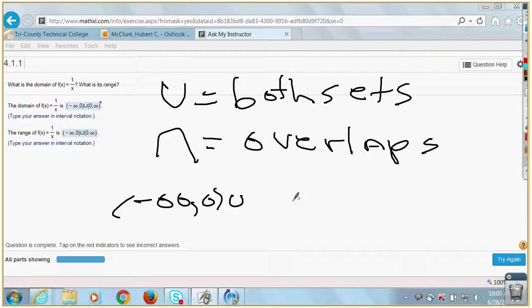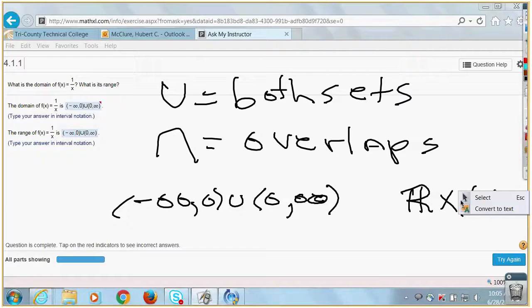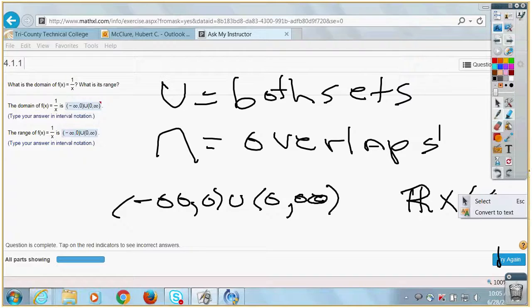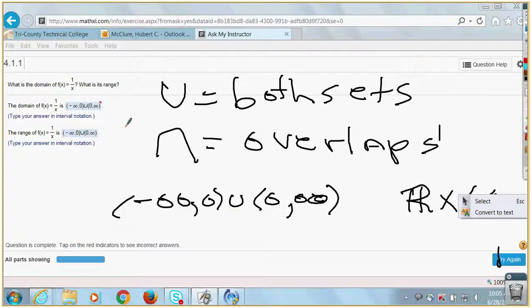And that is a union because they don't overlap, from 0 to infinity. And that's the same way that you can write all real numbers, x cannot equal 0. They mean the same thing. Okay? So I hope that helps with that question.